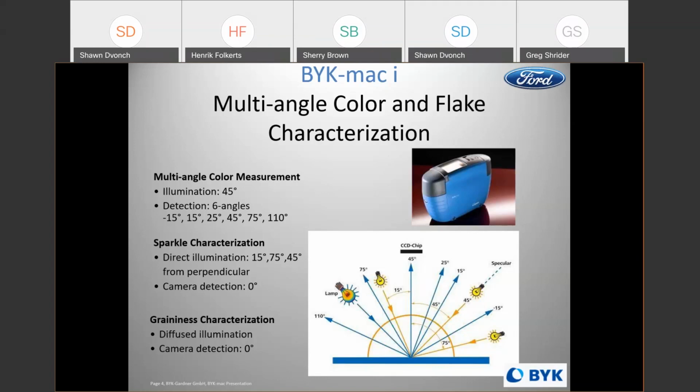And then graininess is diffuse illumination, and if you look, there's a half yellow circle, and that's where the diffuse illumination is. There's a white hemisphere in the instrument itself, and that gives you the diffuse illumination. So that would be like under a cloudy sky.